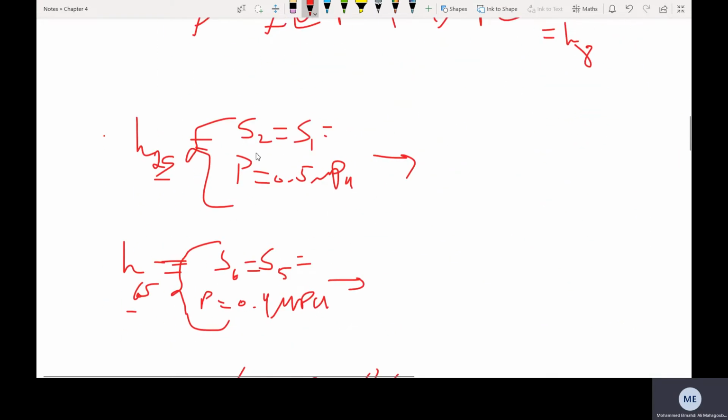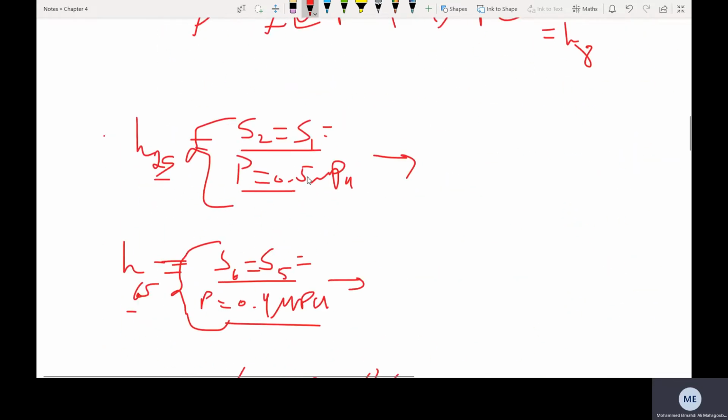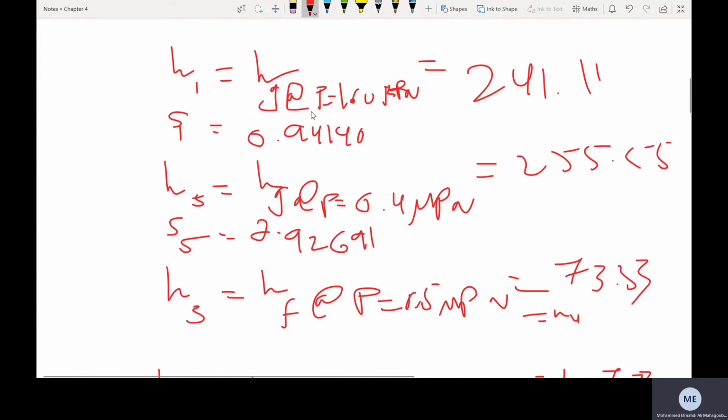Using this entropy and this pressure, calculate S2s and H6s. I check with my first entropy, which is 0.9414, and my pressure, which is 500. So go to 500 and check this entropy value, which was 0.941.